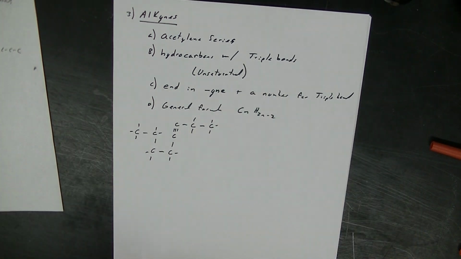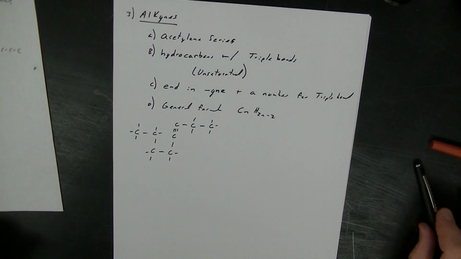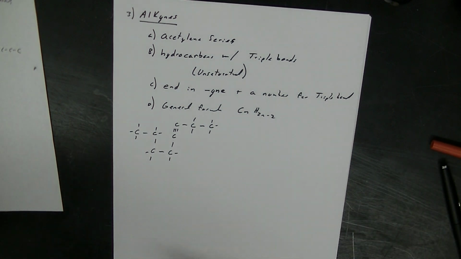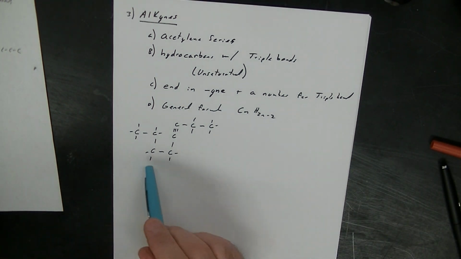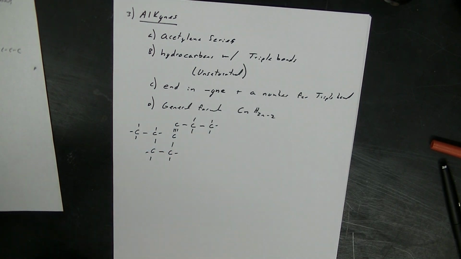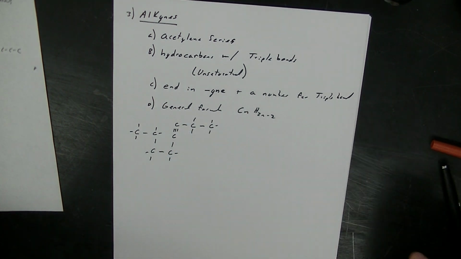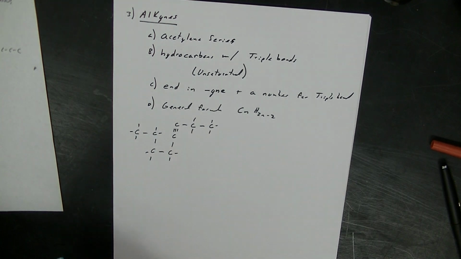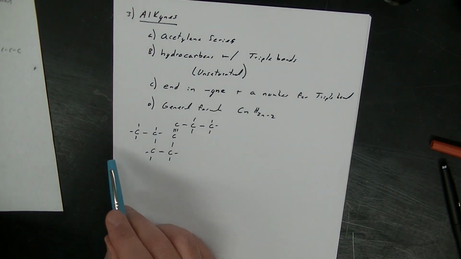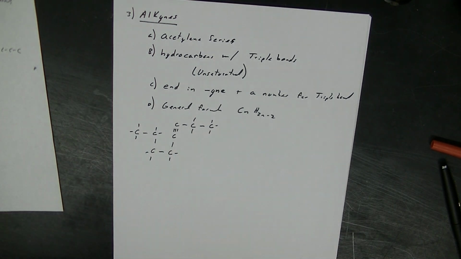Let's go ahead and name this one. This thing is really just a straight chain. I bent it up on purpose just to make it complicated. In reality, it doesn't look like this, and it wouldn't look like it even if it was straight chained.